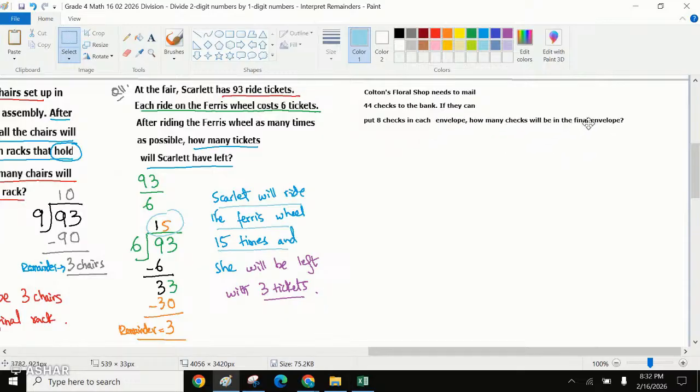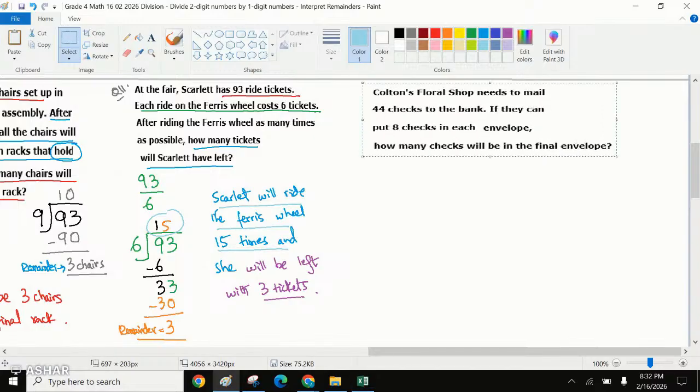If he is putting 8 checks in each envelope, how many checks will be left in the final envelope? Okay. For question number 12, Colton needs to mail 44 checks to the bank. He needs to put them in an envelope. If they can put 8 checks in each envelope, right?